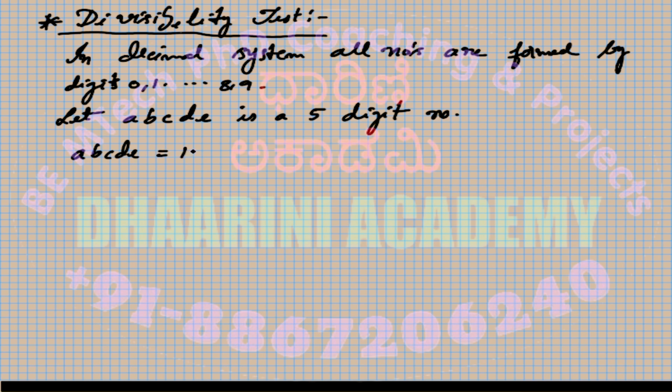This can be simply written as 10 to the power 4 times A plus 10 to the power 3 times B plus 10 squared into C plus 10 to the power 1, that is 10 into D, plus 1, that is 10 to the 0, into E. So this is how we represent it.